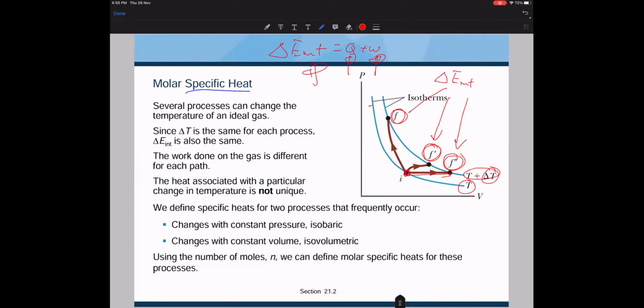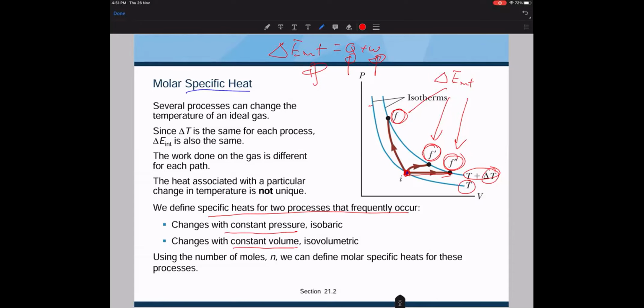And in particular, we will see two cases of the molar specific heat. The specific heat for the two processes would be the change in temperature at constant pressure and the change in temperature at constant volume. So what we call isobaric and isovolumetric processes.